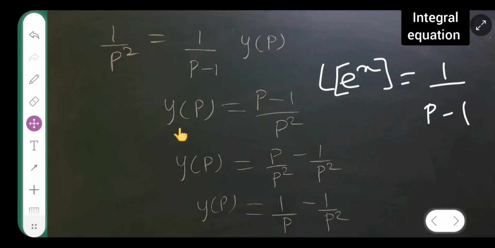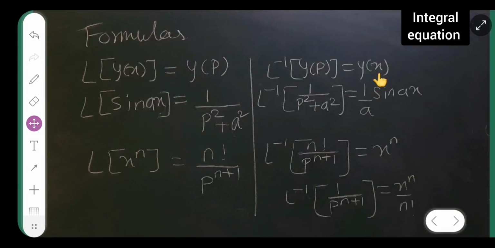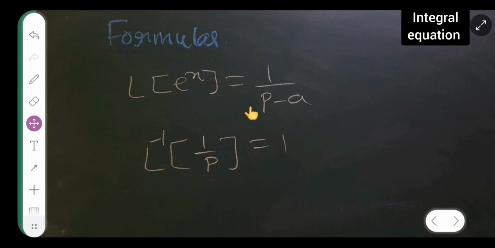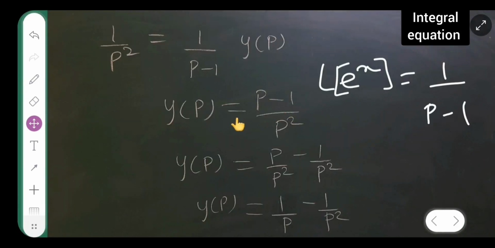These formulas I have given to you all here, you can just go through them. See, Laplace of e^(ax) is equal to 1 upon p minus a. So write Y(p) as it is.